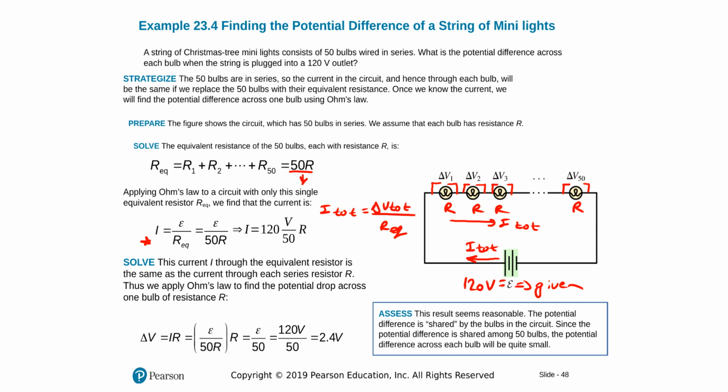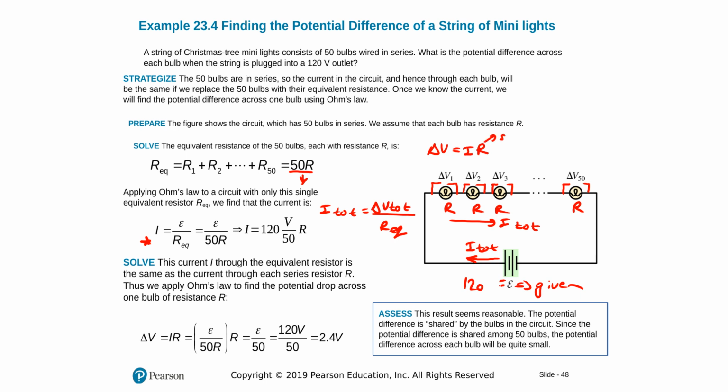So 120 volts divided by 50 is what each will get, because same current, same resistance, from this version of Ohm's law.